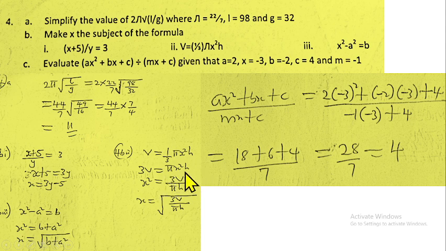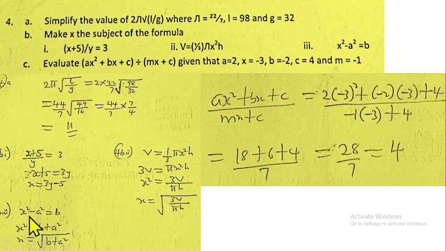We can get rid of this pi H by dividing both sides by pi H. So if I divide both sides by pi H, I'll be having S squared left here equals to 3V over pi H. My aim is to find S, not S squared. So you find the square root of both sides. So S will be square root of 3V over pi H. So that's for the next one.